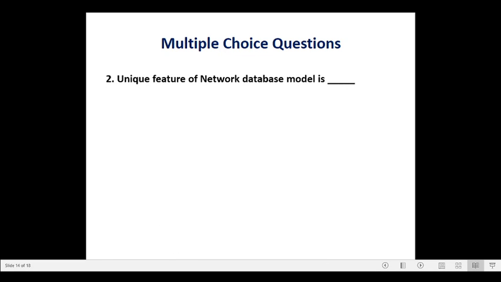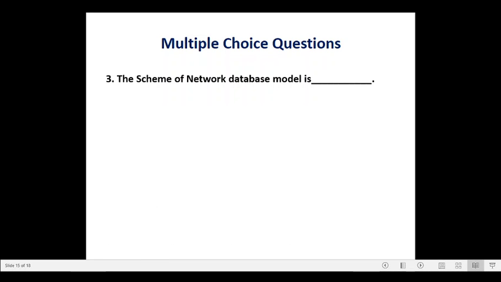Move on to the next question. The unique feature of the network database model is, let's see the options: simple, flexible, M:N, that is many-to-many relationships, and all of the above. Of course, all are features, but the unique feature is many-to-many relationships. So the answer is M:N.